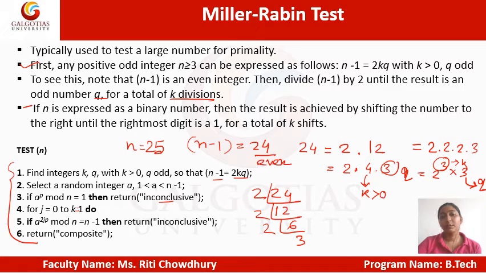So if a to the power 2 to the power j times q mod n is equal to n minus 1, then we return inconclusive, otherwise it will be returned as composite.